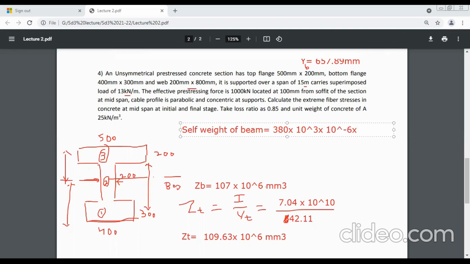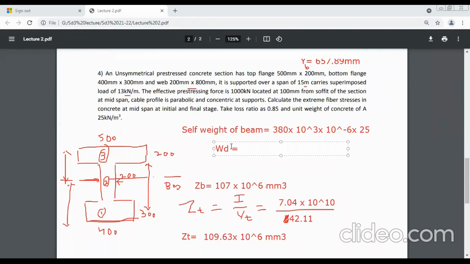It is given here, 25 kilonewton per meter cube. You get the self weight of beam. In some books it is denoted by mg. We will write here WD, self weight of beam. 380 into 10 to the power 3 into 10 to the power minus 6 into 25. How much will we get? 9.5.